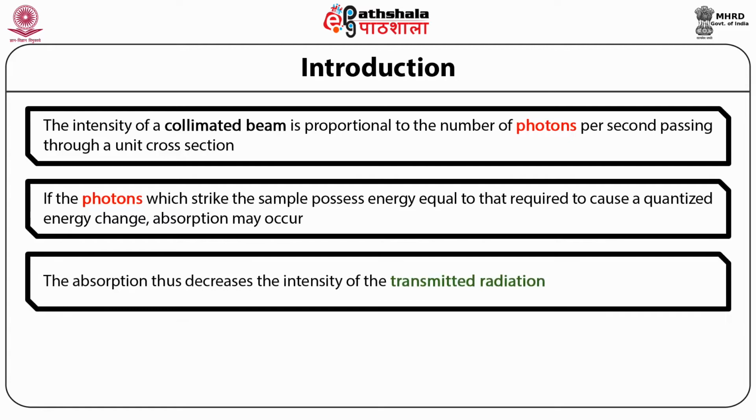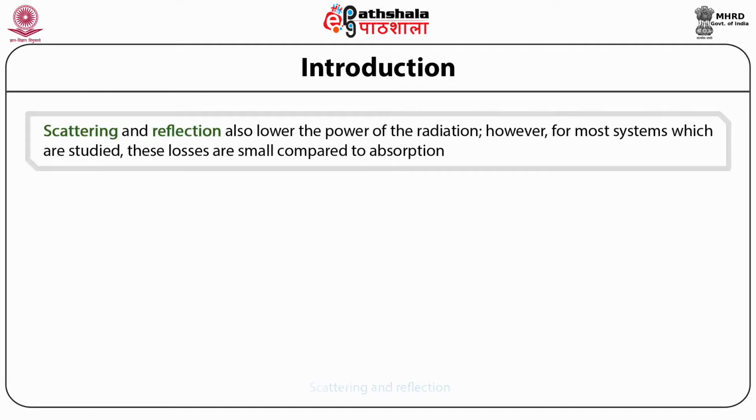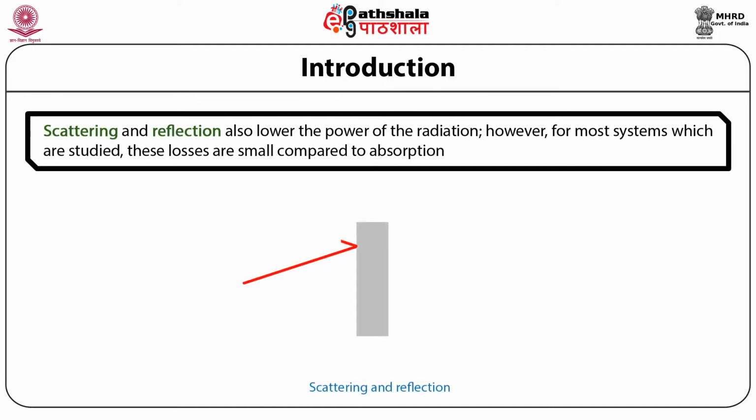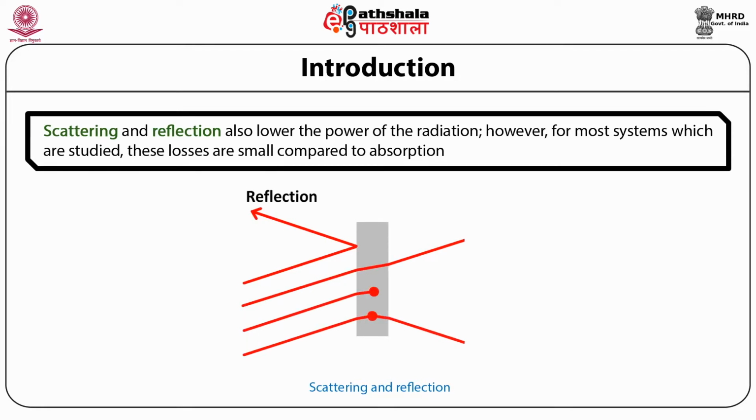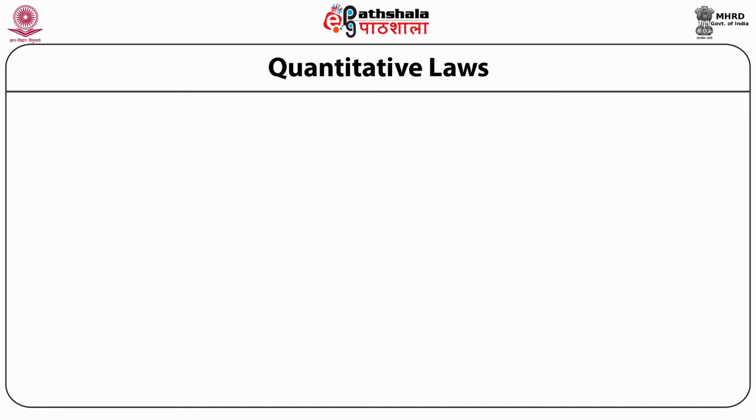The absorption thus decreases the intensity of the transmitted radiation. Scattering and reflection also lower the power of the radiation. However, for most systems which are studied, these losses are small compared to absorption. Here, first I shall discuss quantitative laws.